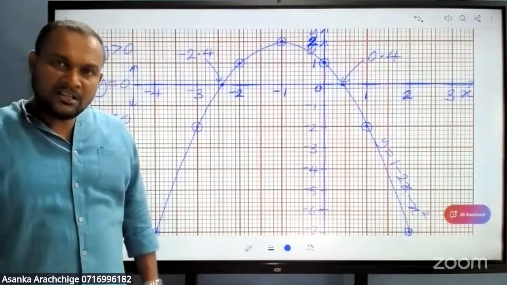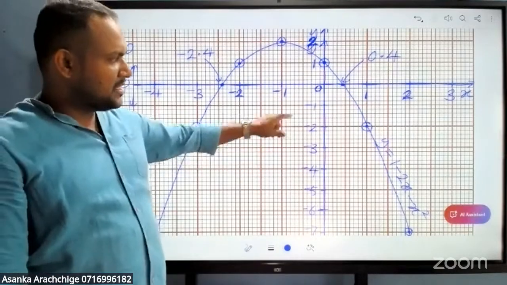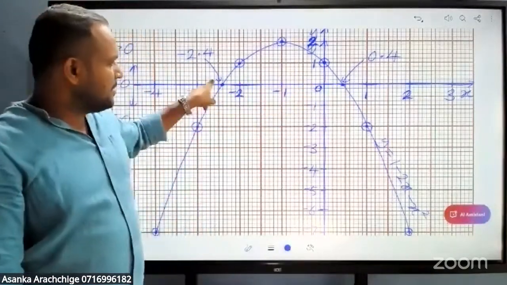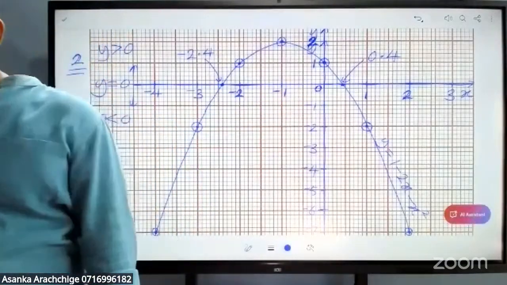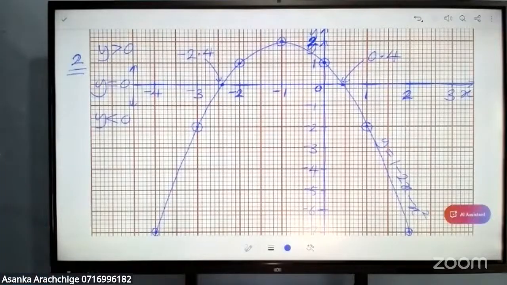Now, online students, let me know whether you have got the same two values as I have got here. Yes or not?